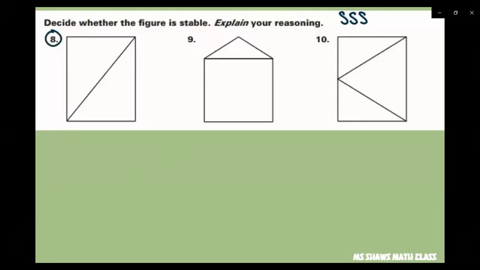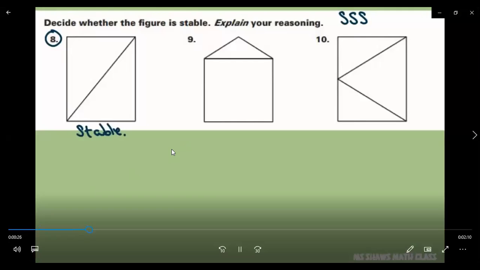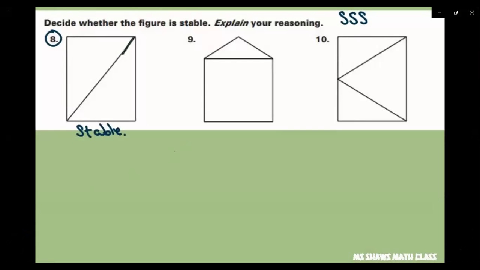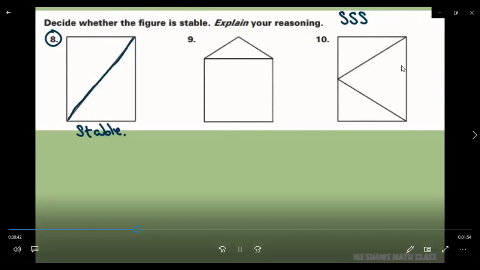This figure is stable. And our reasoning is the figure forms triangles of fixed sides and lengths. So once you do this diagonal here, it fixes these sides to form a congruency that cannot change the shape. And that's by the side congruence postulate.